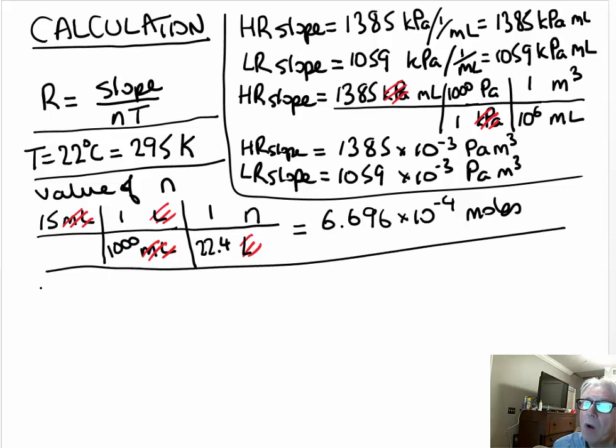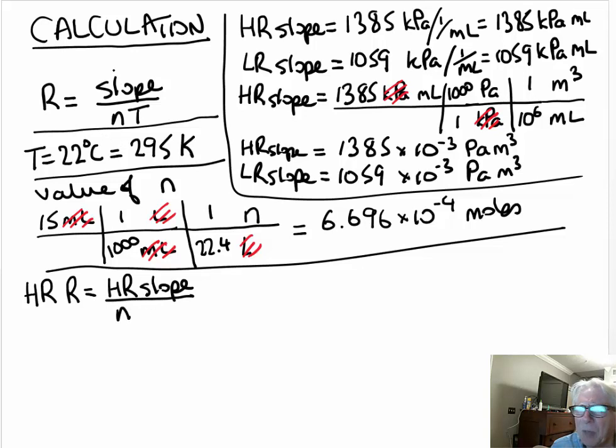So now, our highest reasonable R is equal to our highest reasonable slope, because it's on top, over, and we don't have a variety of n, so we're going to put down n, and we don't have a variety of t, so we put down t.